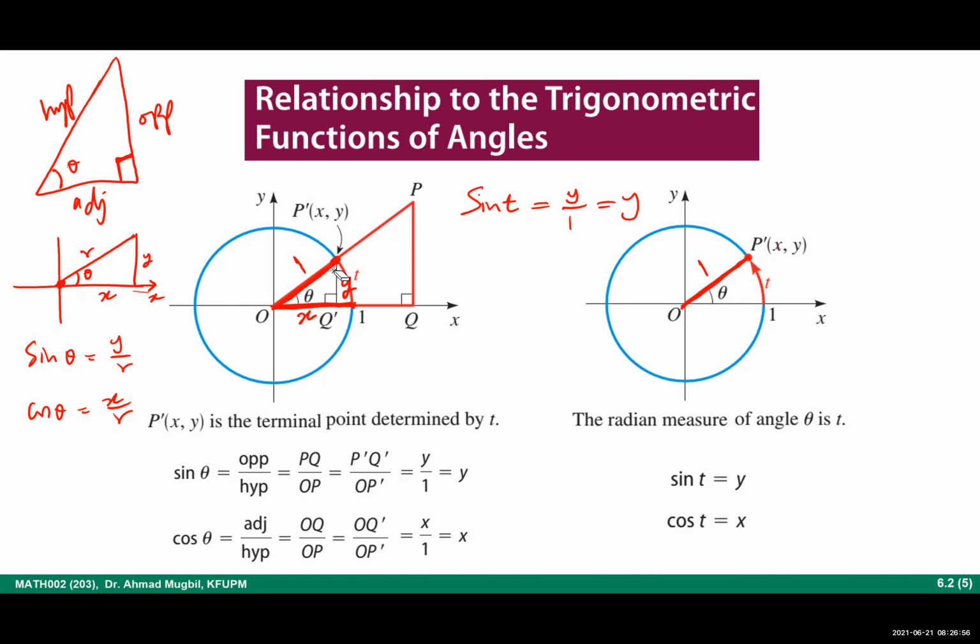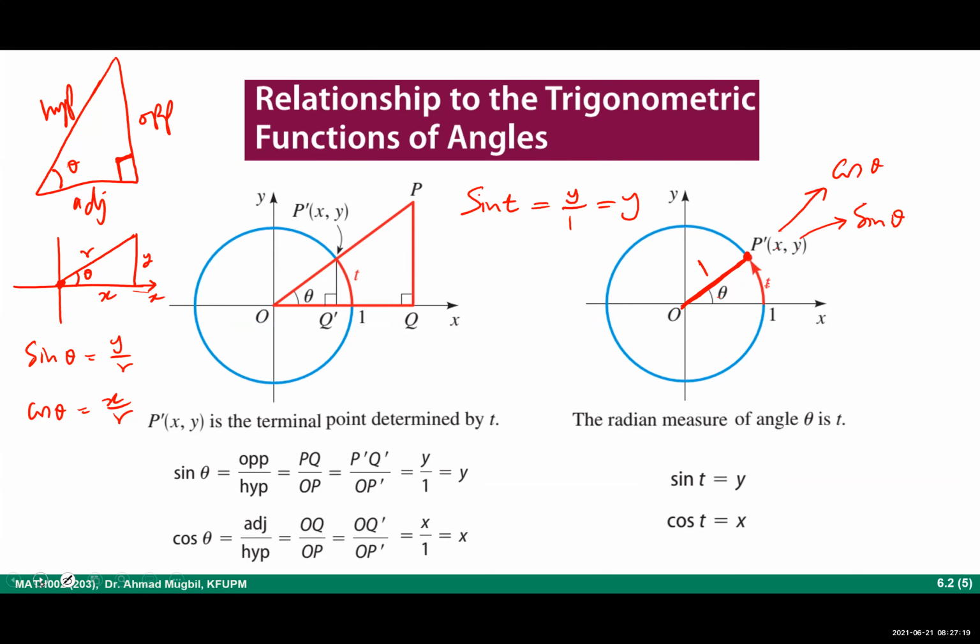What does that mean? If we have a point on the unit circle, then the y coordinate is the sine of this angle. It is the sine of theta or t, because now t, the measure in radians, is the same as theta. And here we have, of course, cosine theta or t.